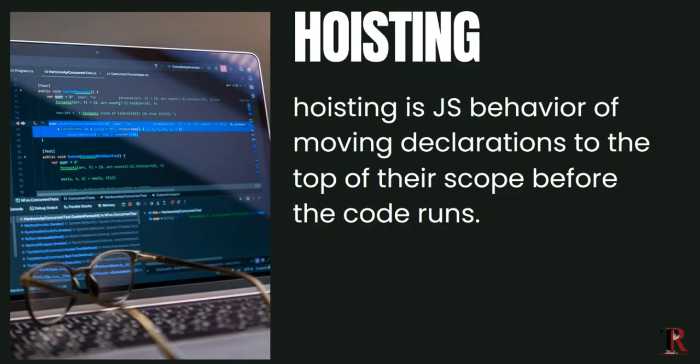Now, JavaScript knows about variables and functions before it executes the code. Like I said, JavaScript is aware of variables and functions, things that you have in your code, before it runs. So it knows about it. It knows where to start running. It knows where to start execution of your program.